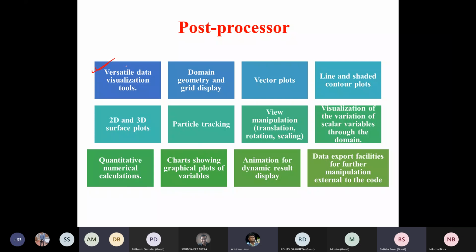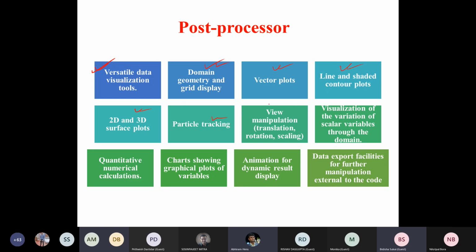Generally, CFD results are a set of data, different values of velocity at different points. So it is a set of data only. You need to plot it in a proper visualization tool, and then you can see the domain geometry and grid displays, vector plots, line and shaded contour plots, 2D and 3D surface plots, particle techniques, etc.